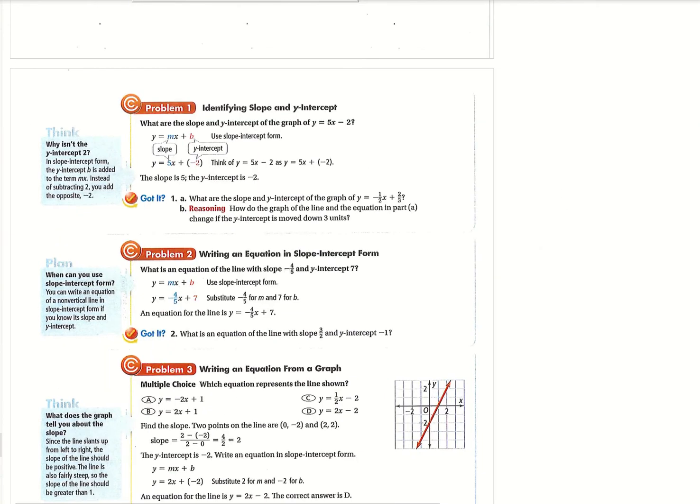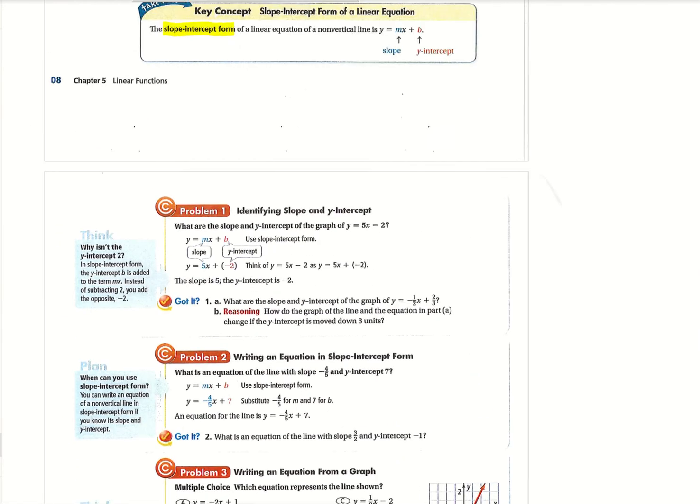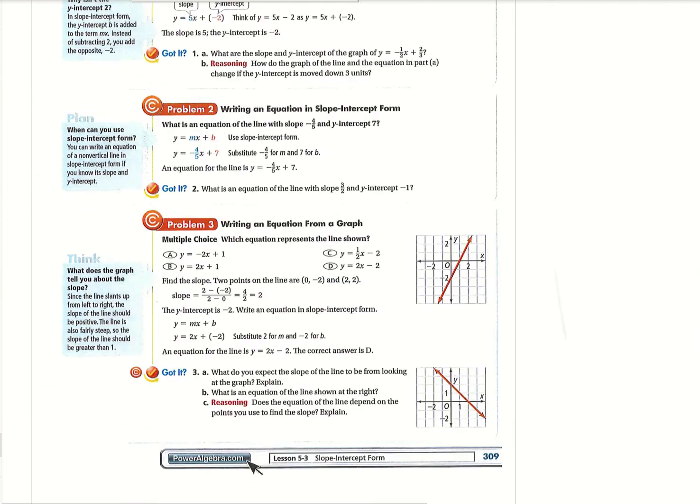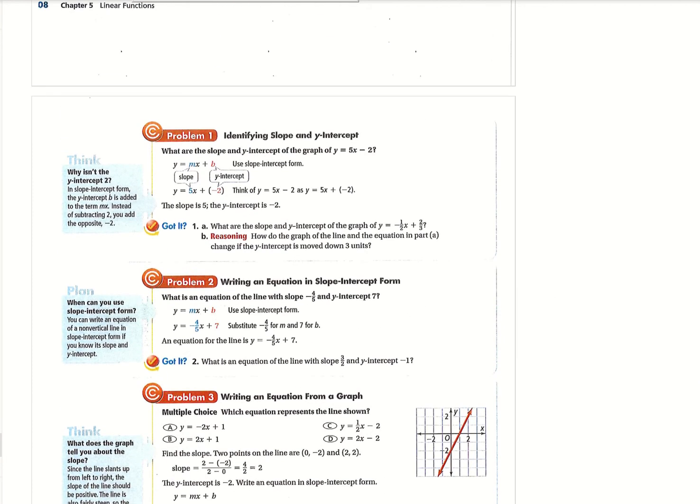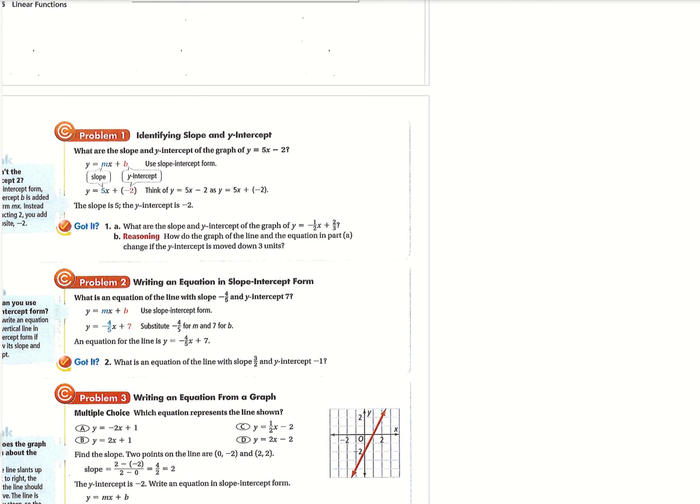All right, so moving on, we're going to look here at problem 1, and this is on page 309. It asks what are the slope and y-intercept of the graph of y equals 5x minus 2. Just remember we're in the form y equals mx plus b, or slope-intercept form.